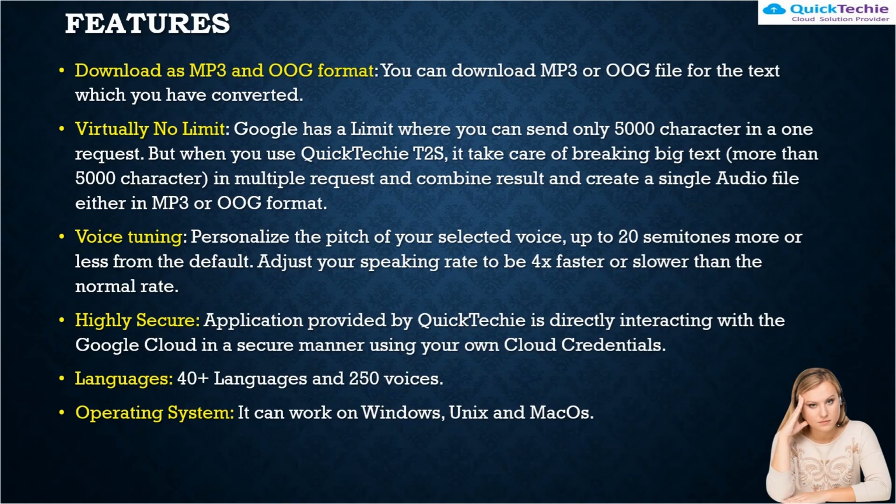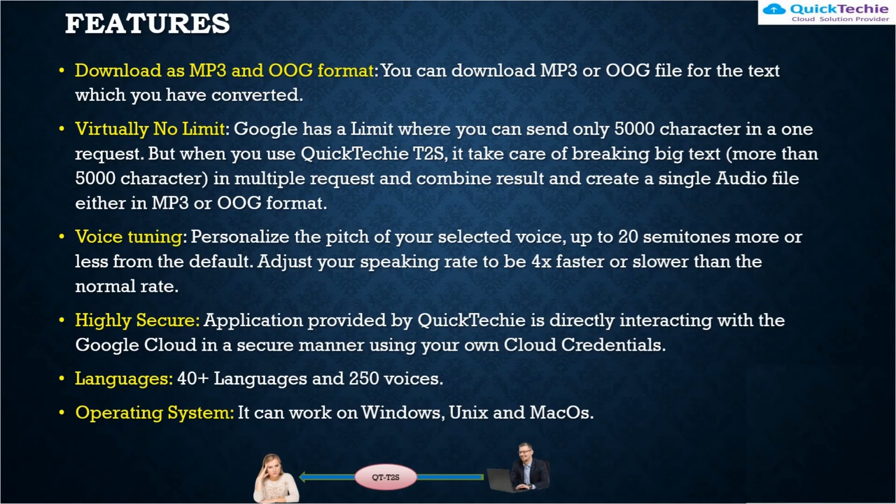You can download your text converted into MP3 or OGG format, in any language supported by the utility, and with whatever voice rate you want. Virtually there is no limit because we are using Google Voices to convert your text into voice.